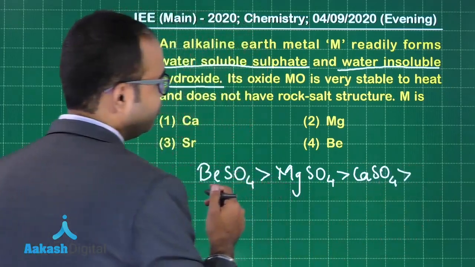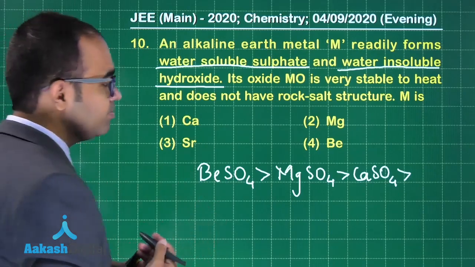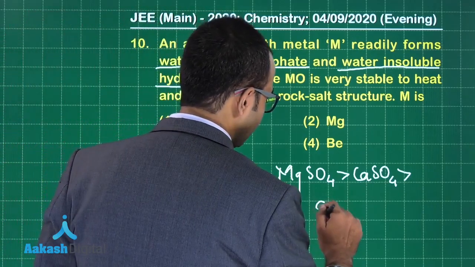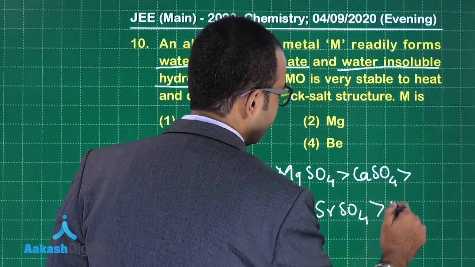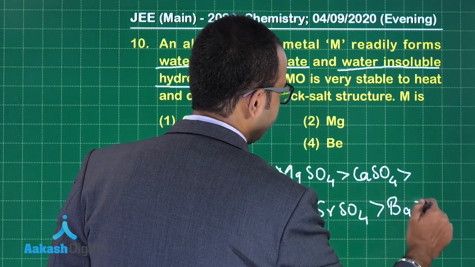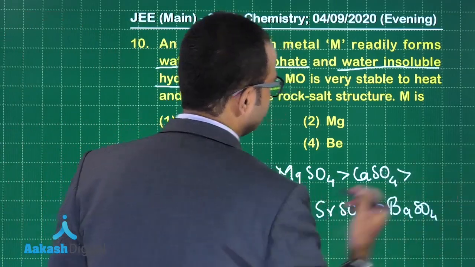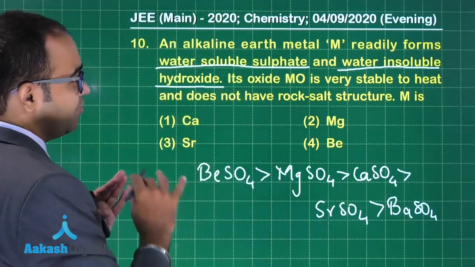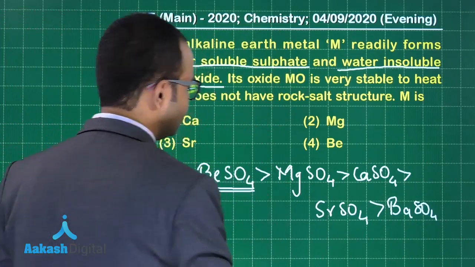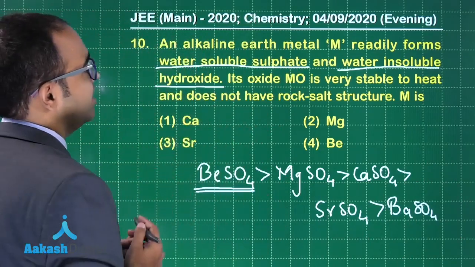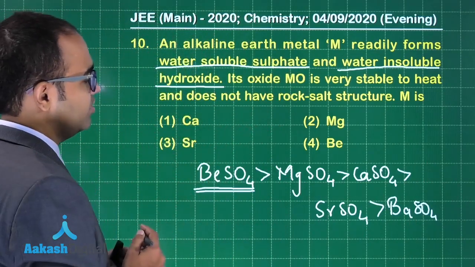So BeSO4 will be maximum soluble and barium sulfate will be least soluble. So what I can predict from the initial statement is the sulfate is BeSO4. Next statement, and a water insoluble hydroxide.